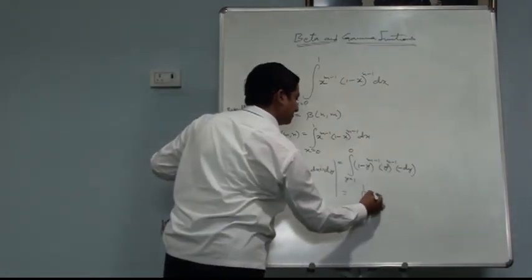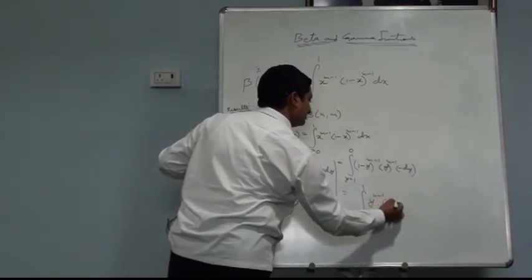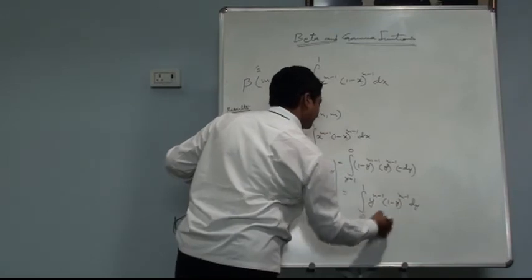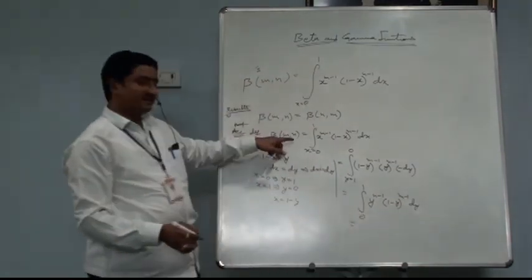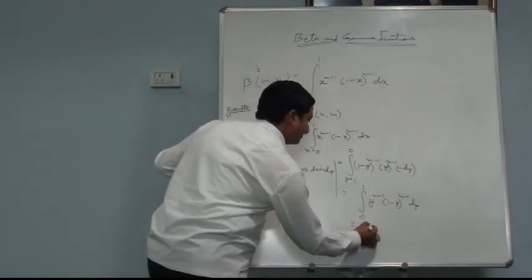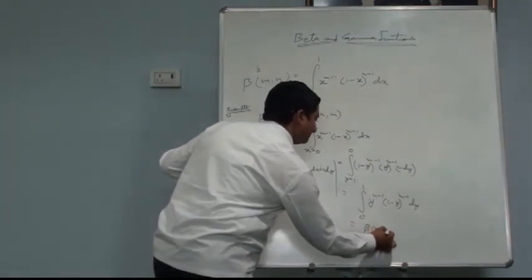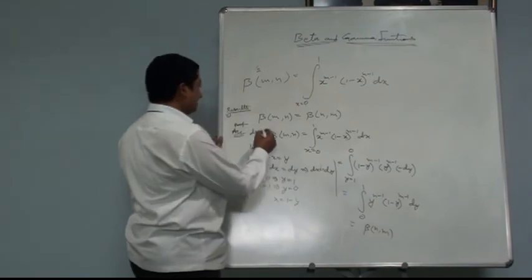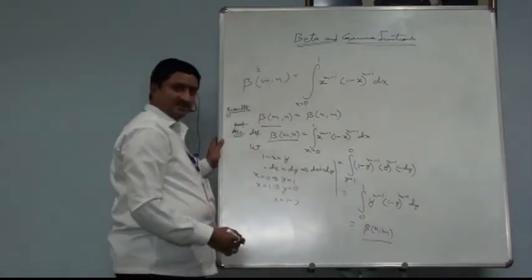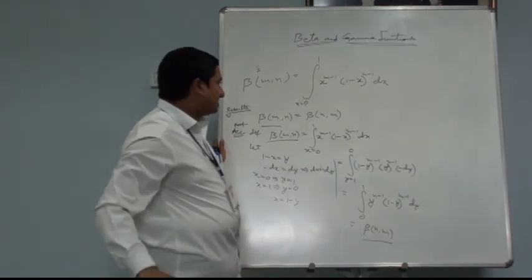This is going to be y power n minus 1 into 1 minus y power m minus 1 dy. When you compare with the definition of the beta function, this is beta of n comma m. So beta of m comma n is equal to beta of n comma m. This is the symmetric property.